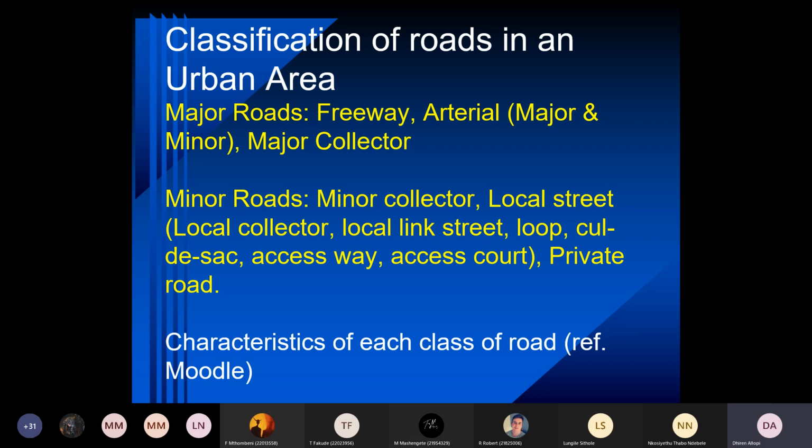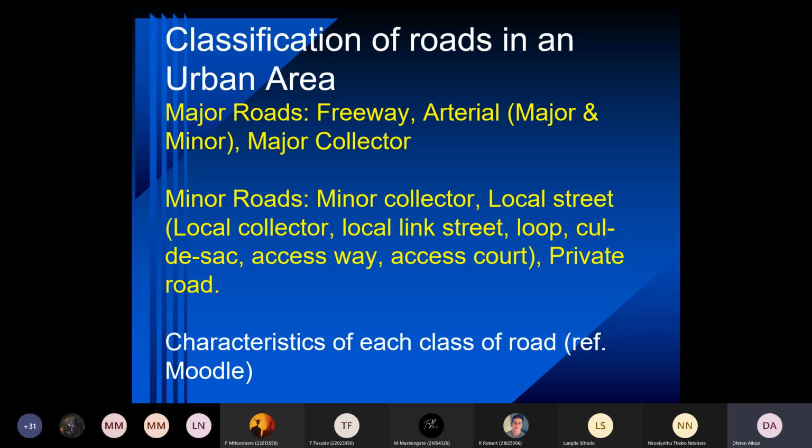And you'll see the main two categories that relate to major roads and minor roads. Your major roads being your freeways, all your major collectors, your minor roads like your local streets, your private roads, your access roads, and so forth. So you can read through a point or two on each of these classes of roads, the characteristics, and that you can refer to in the module.